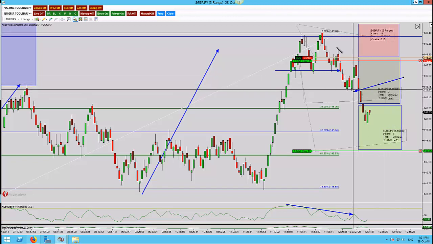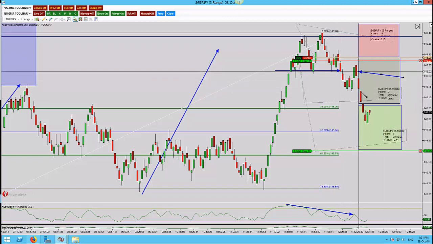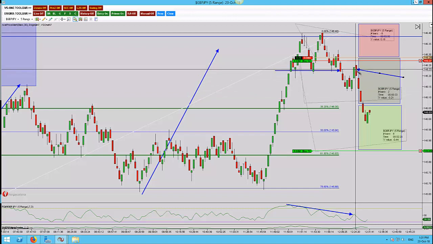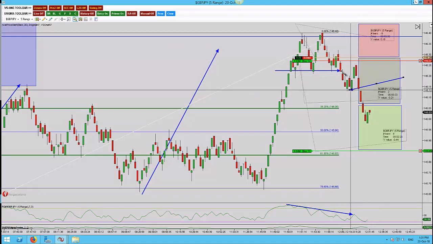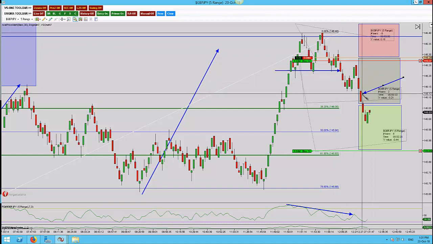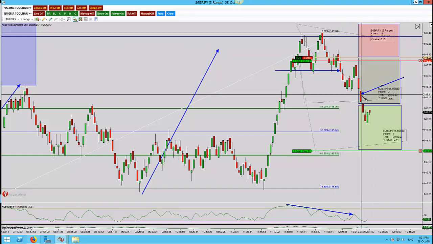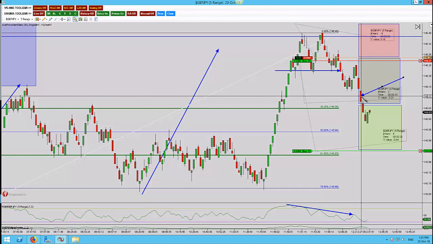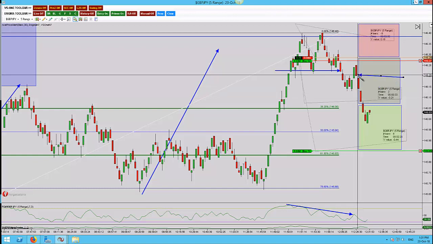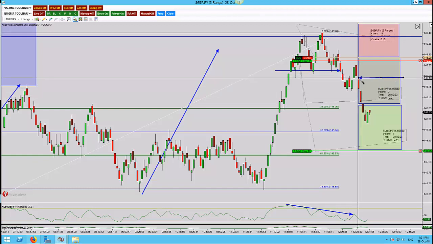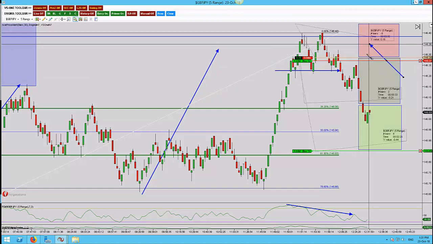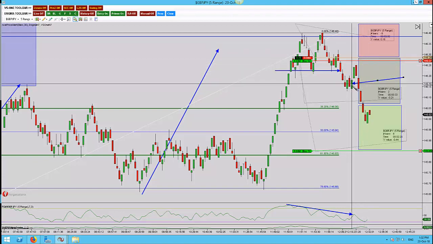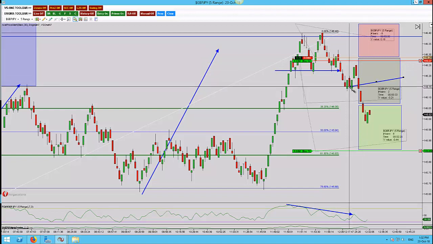And just notice what price did. We had the violation, and I did say that we could see price come back up to the structure level here, or even a bit higher into that 618 fib. And if you run through in your mind what the possibilities are, it is sometimes very helpful, because it becomes then less of a shock when you see price head in the wrong direction. You say, well, hang on a minute, I've seen this setup 500 times before, I've traded it 500 times before.